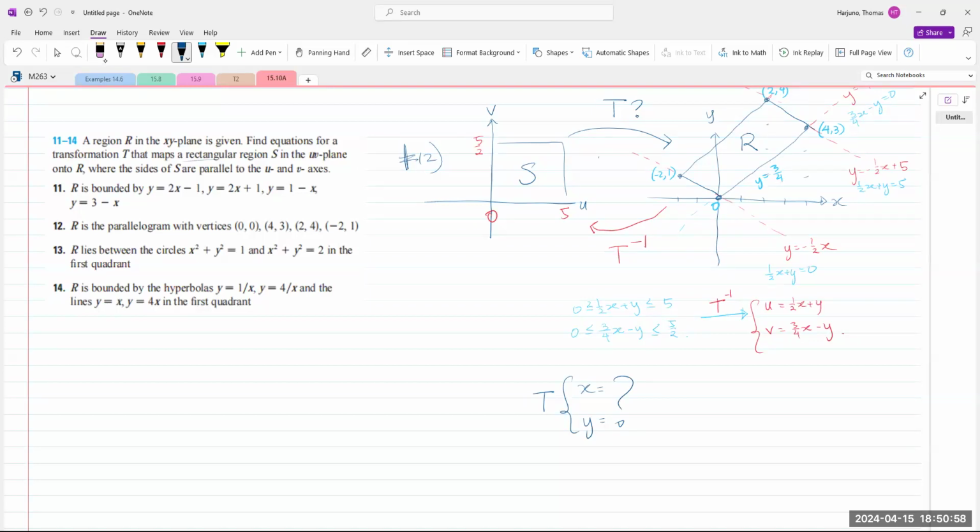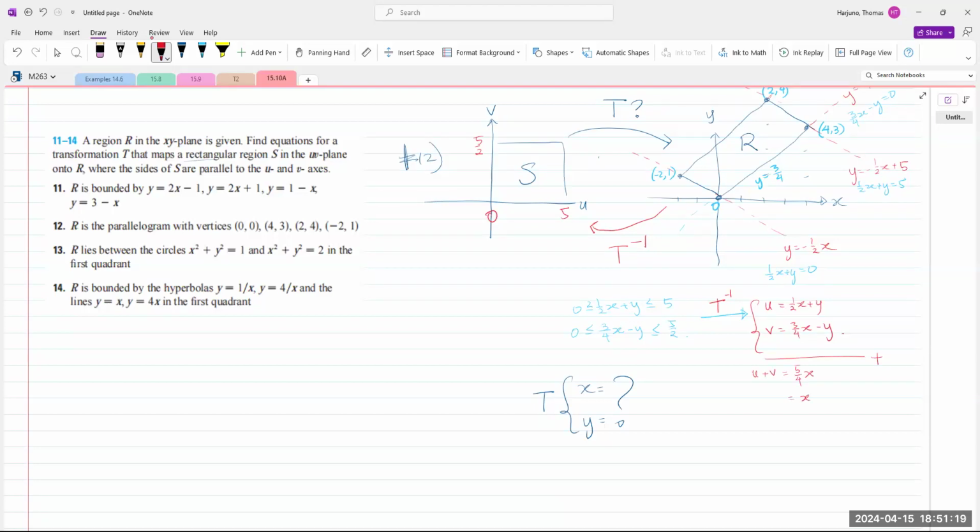For example, one thing we can do is, if I add this, I will get 5 over 4 x equals u plus v.